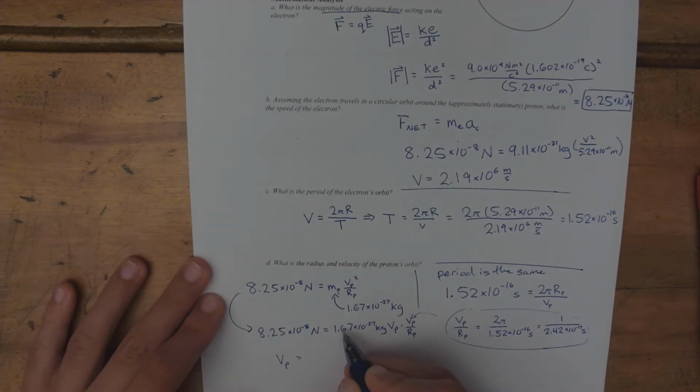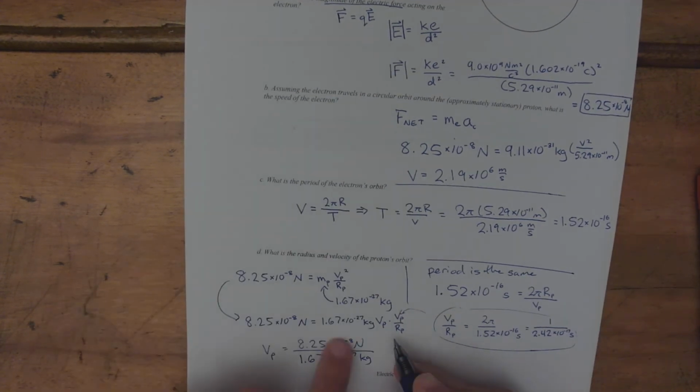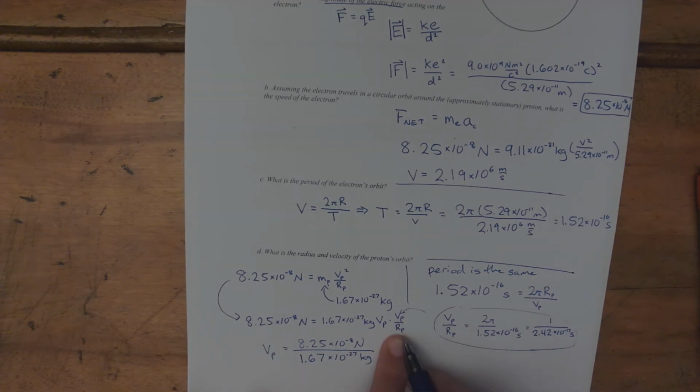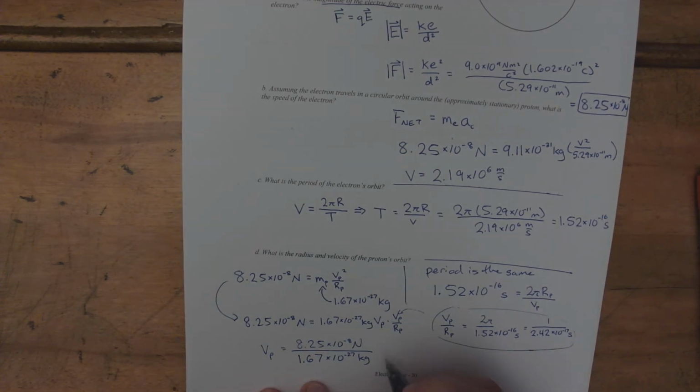So bring the 1.67 times 10 to the negative 27 kilograms over to the other side by dividing by it. And then I had a v_p divided by r_p. If I bring it over to the other side, it's r_p divided by v_p. r_p divided by v_p is 2.42 times 10 to the negative 17th seconds.